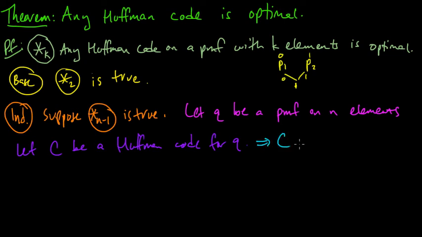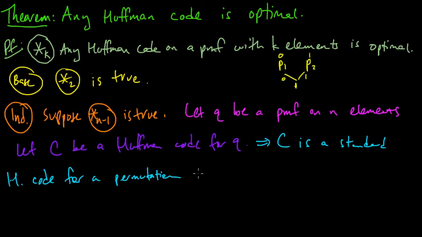So C is a standard Huffman code for an ordering P of Q such that P is in descending order.